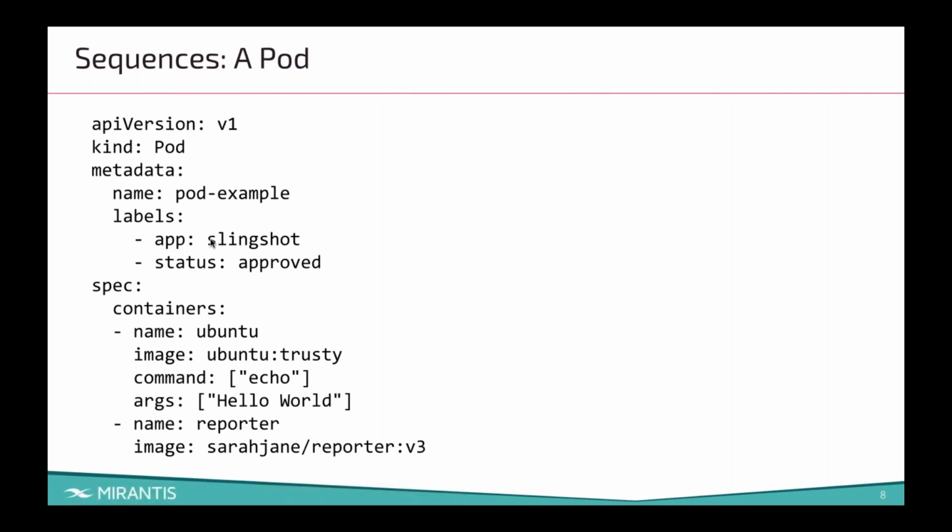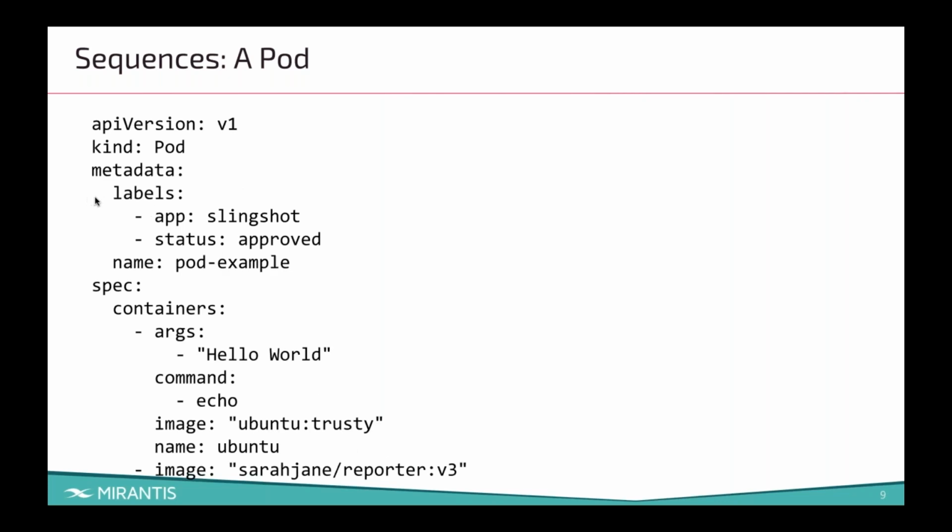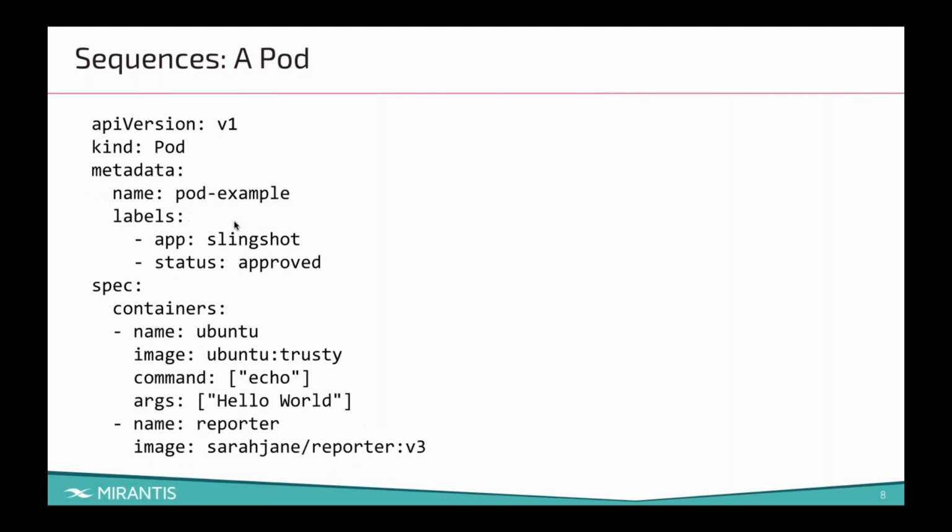So let's look at the new things about this YAML document that we didn't see before. First off, you'll notice that we have some indentations. Name is indented by a couple of spaces here.